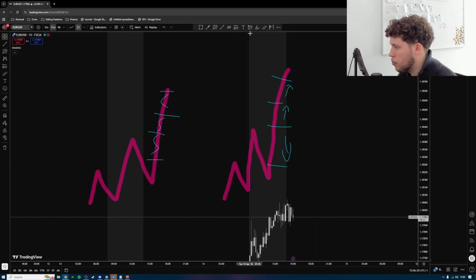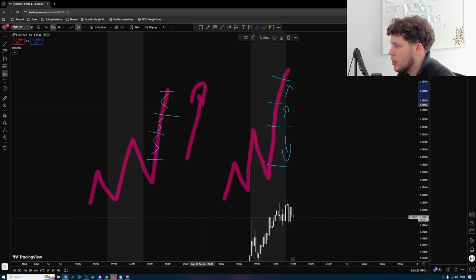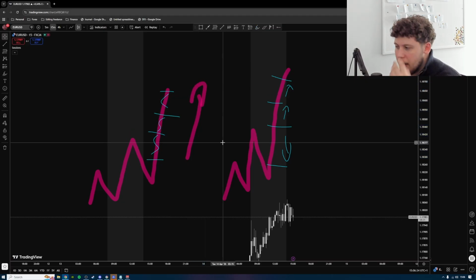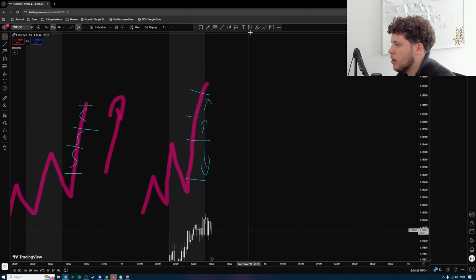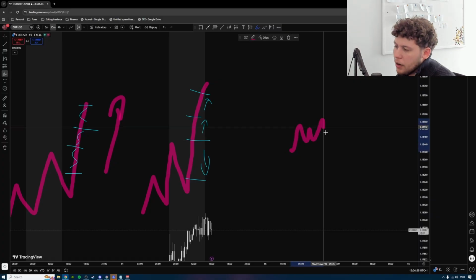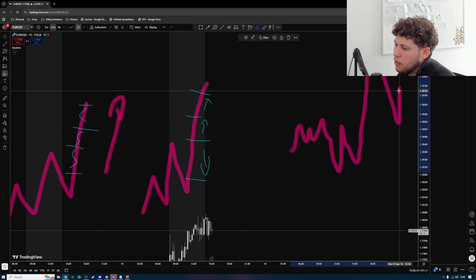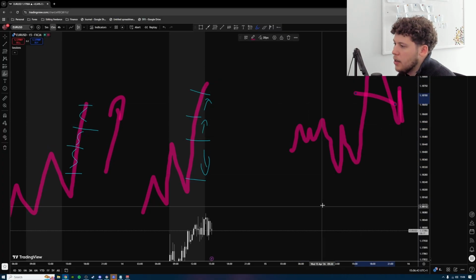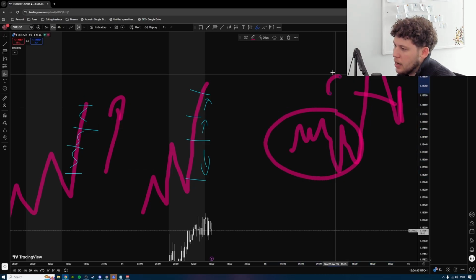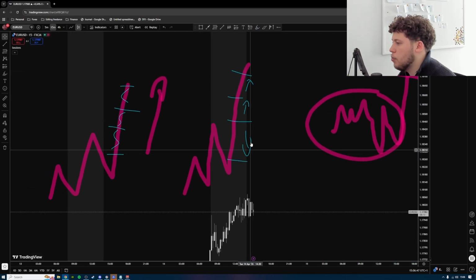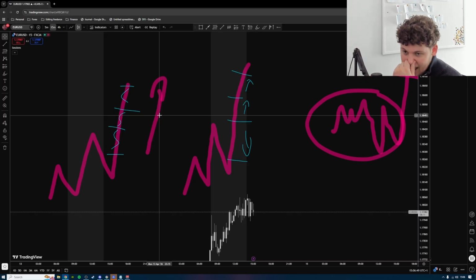So you're looking for 3 going in the same direction that are imbalanced. You don't want to see any of this choppy up down stuff within here. You just want to have 3 clean imbalanced candles in the same direction to the upside.